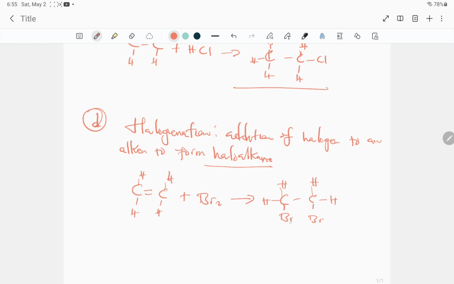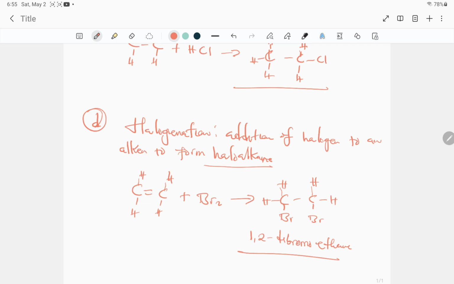We'll come to this part where we're going to write a name as 1,2-dibromoethane. So the name will come like this. I'll show you the reason why we have put 1 and 2 there.